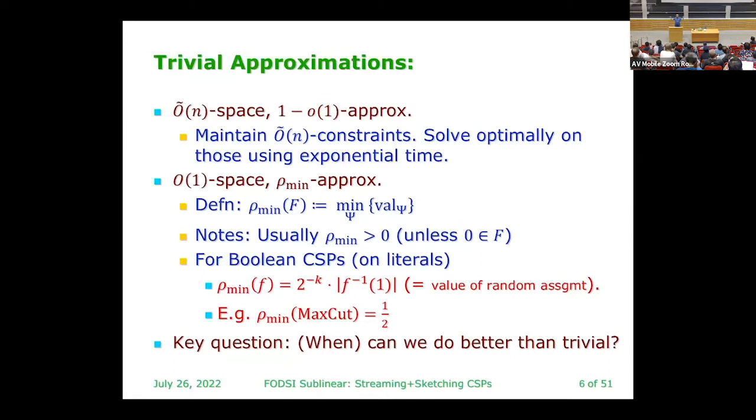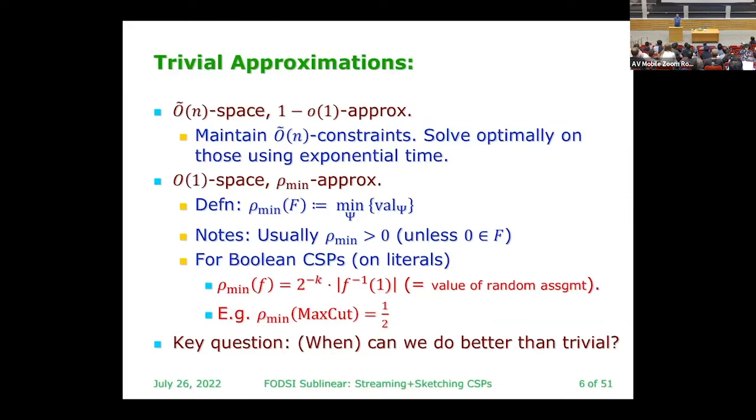How? You take a subsample of all the constraints that are given to you. You might have n squared constraints, you might have n to the k constraints, and k is large, but you subsample about omega tilde of n of them. In fact, n over epsilon squared or something like that. And now just solve your problem on this instance, okay?